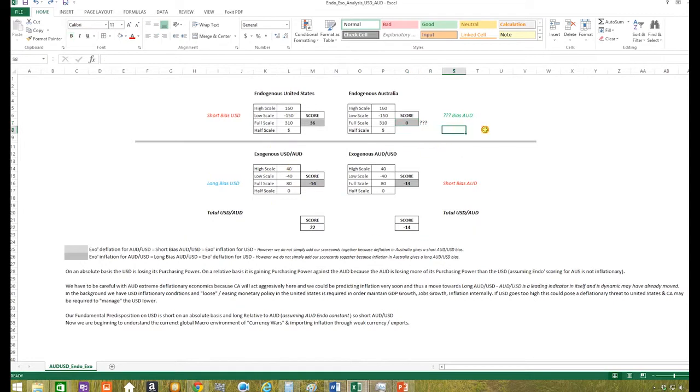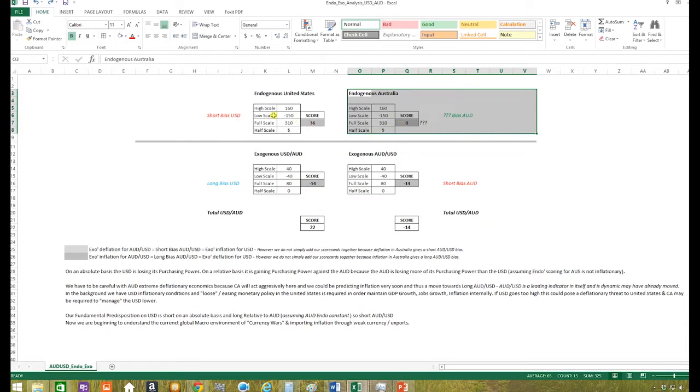But for the purposes of teaching you the whole process and sticking to the principles of not spoon feeding and the self-starter mentality, we're going to keep the scorecard at 0, and therefore endogenously Australia is being kept at a constant rate.